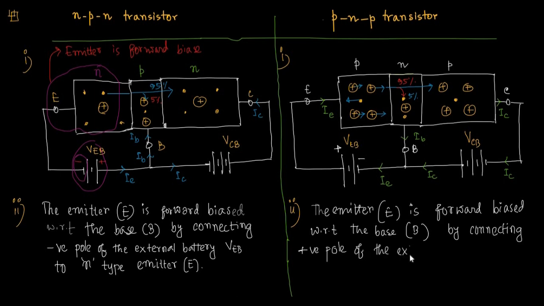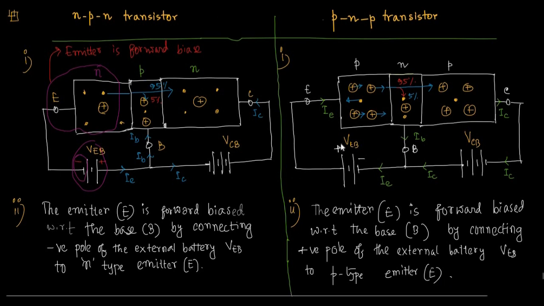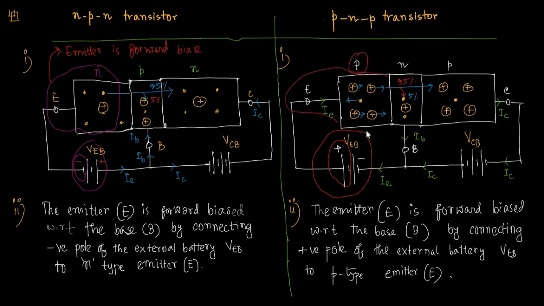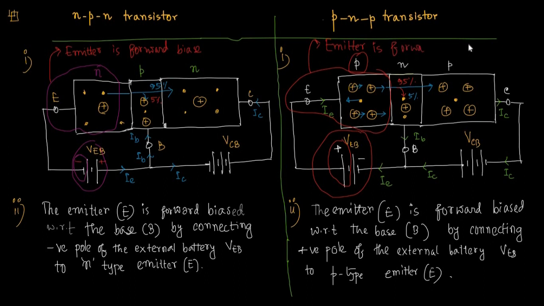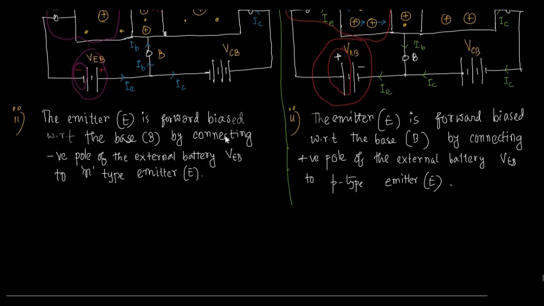Here positive pole of the battery of EMF VEB is connected to p-type emitter so that emitter is forward biased, or for providing forward biasing of p-type emitter.